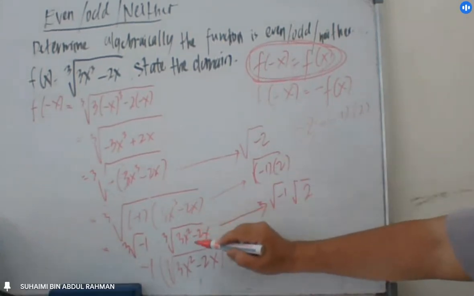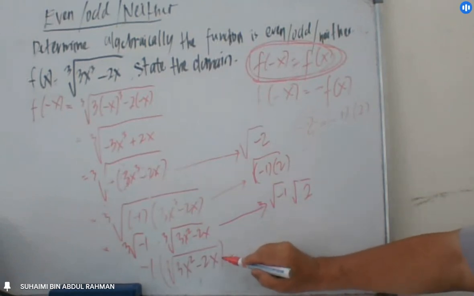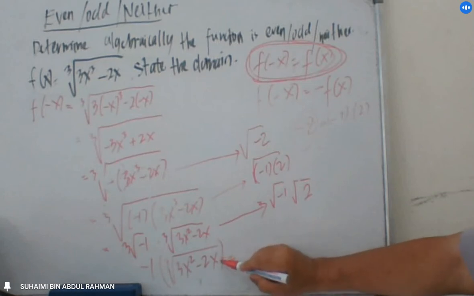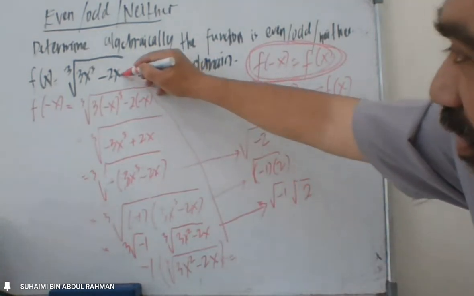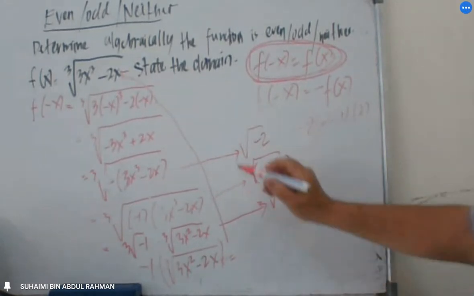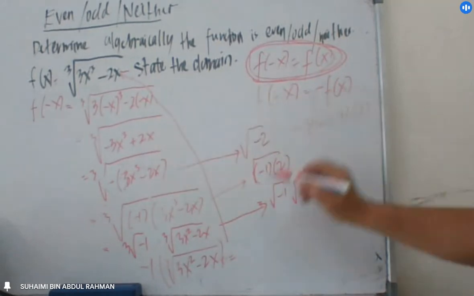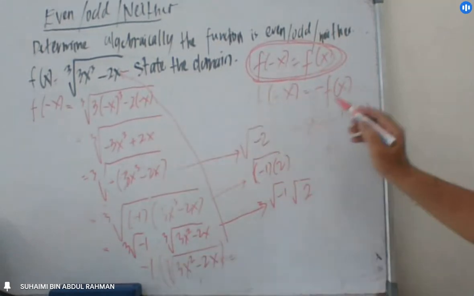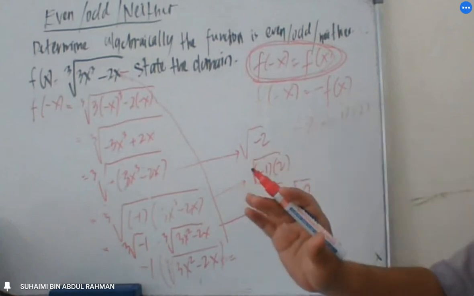We do not, just go straight with this. Therefore, what is cube root of 3x squared minus 2x? What is this one? f of x. We can say that f of minus x is similar, minus of f of x. Can you see?